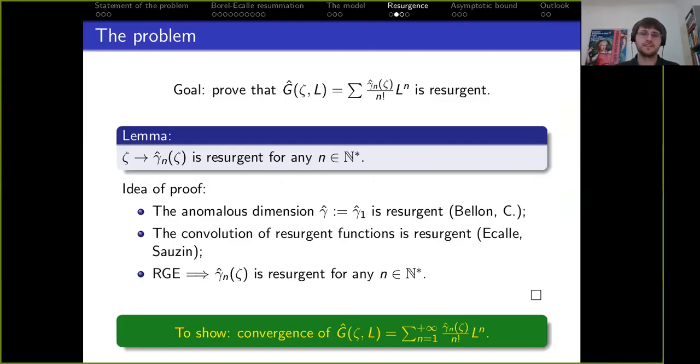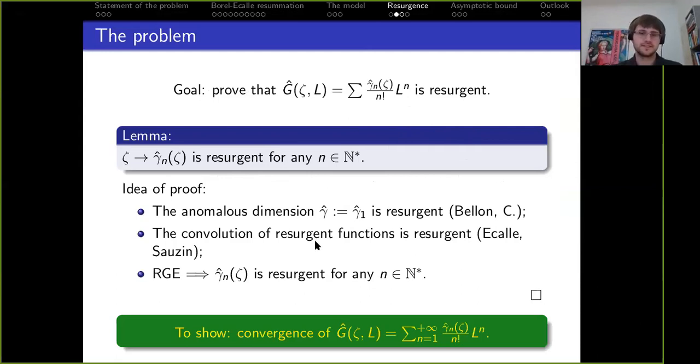More difficult things, and I think the main difficulty of this program, is to prove that this series is resurgent. So a first observation is that since we know that gamma 1, the anomalous dimension, is resurgent, we know pretty much for free that they are all resurgent, at least in one direction. So why?